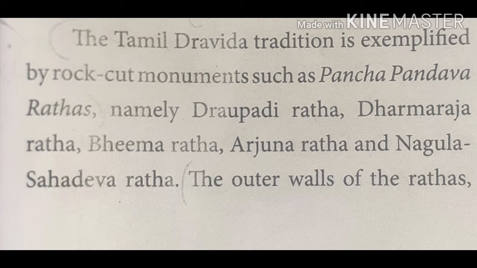The Vaikunta Perumal temple at Kanchipuram was built by Nandivarman II.